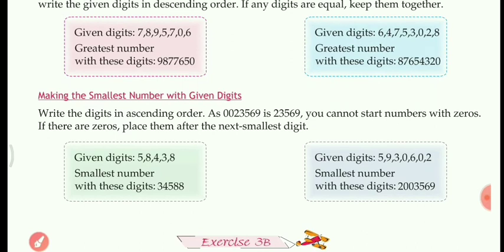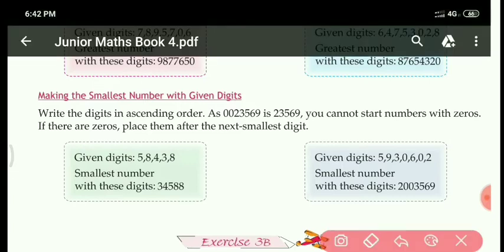And making the smallest number, how to make it? When we are making the smallest number, always remember, write the digits in ascending order, it means smaller to bigger number. Okay. And one more thing, remember this one point. As 0, 0, 2, 3, 5, 6, 9, and here we call it 2, 3, 5, 6, 9, means 23,569.